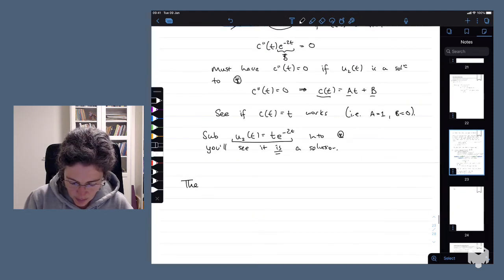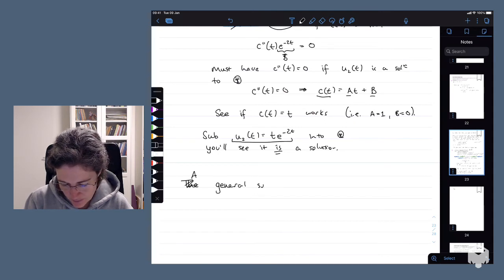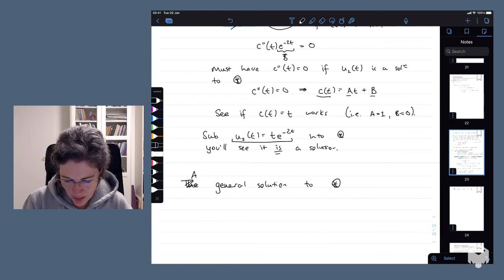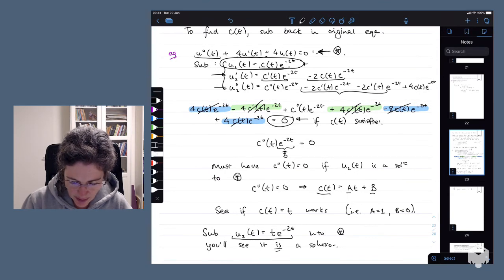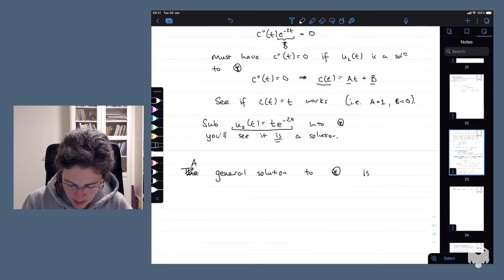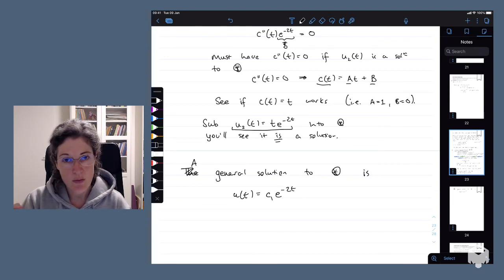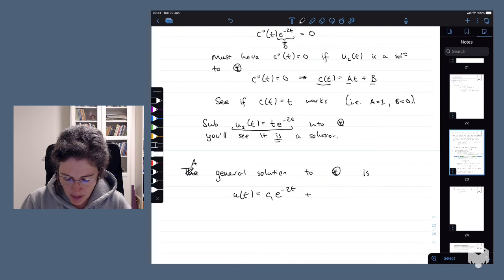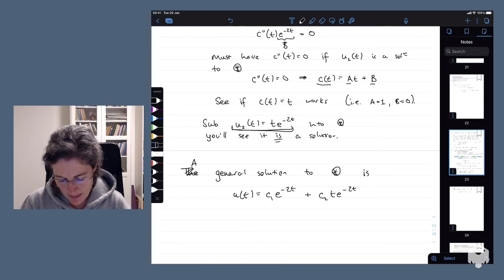So a general solution to our differential equation that we had up here is u of t equal to c1 e to the minus 2t, so that's the first term, which behaves exactly like we would expect, plus c2 times this new solution that we found over here, t e to the minus 2t.